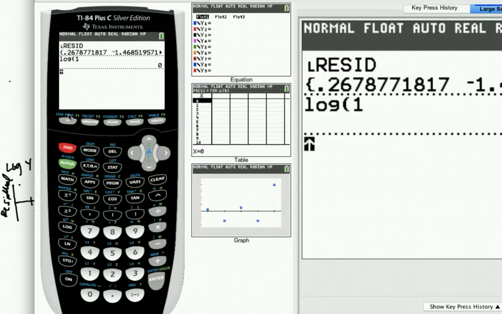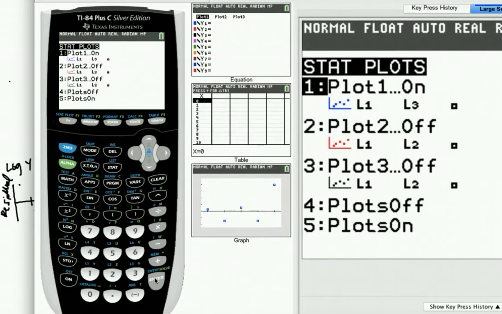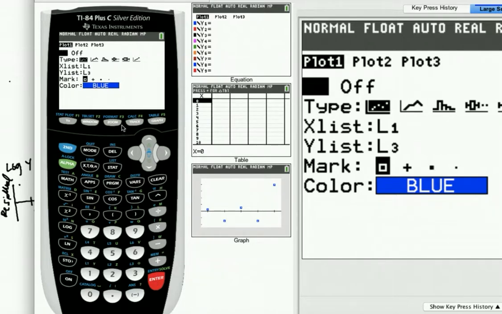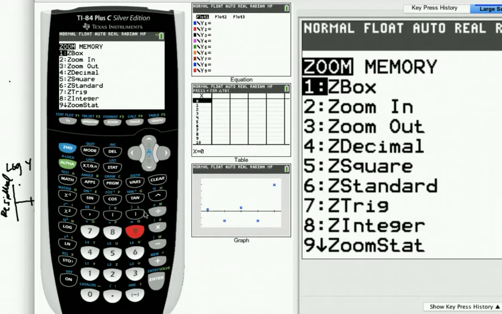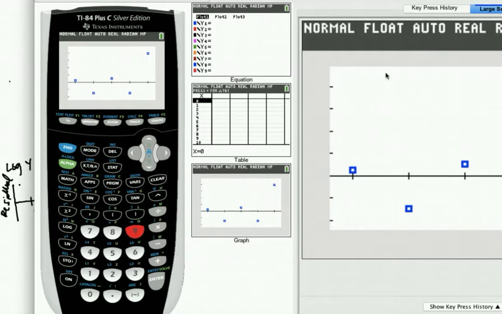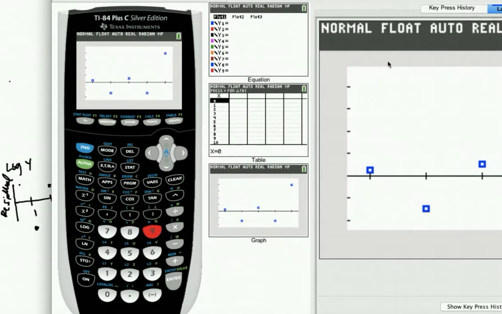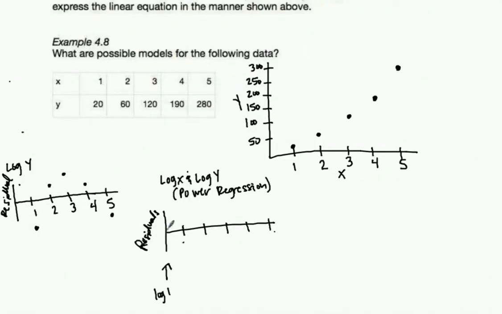Okay, so at log 1, which is 0, let me go back to my residual plot. Okay, so here.